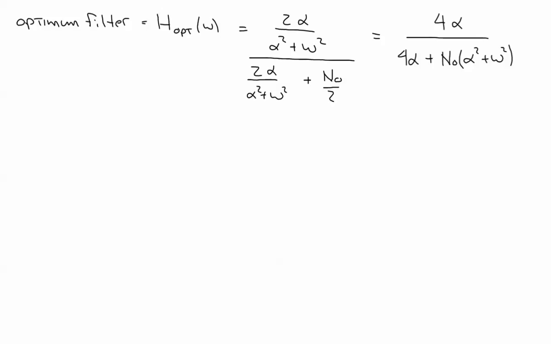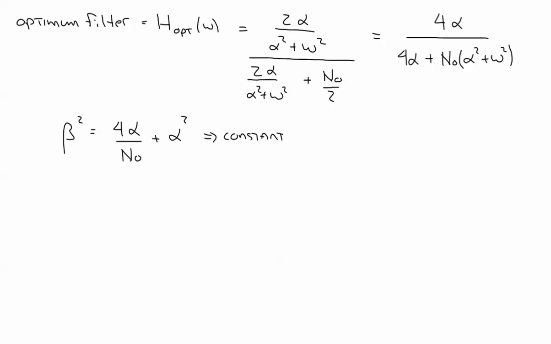All right. In the interest of simplifying and not writing so many symbols down, I'm going to let a new parameter, beta squared, be 4 alpha over N naught plus alpha squared, and that's just a constant.